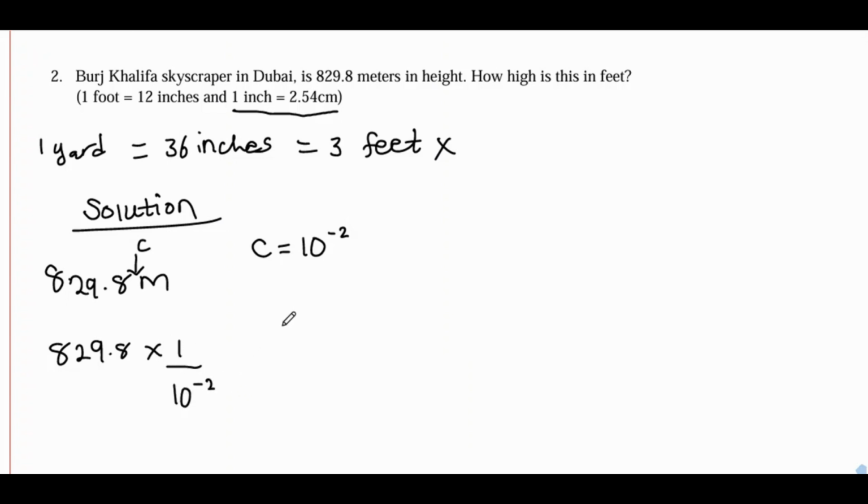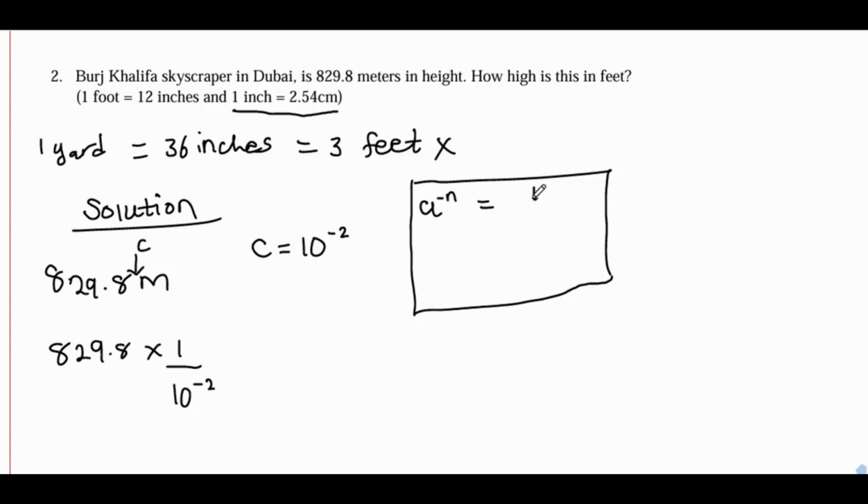We are dividing by 10 power negative 2, which means multiply by the reciprocal, which is 1 over 10 power negative 2. Now from the laws of indices, you remember we found this, I can write it here, that any number raised to a negative power is the same digits written as reciprocal, but now the power turns to be positive. Or even if the power was negative, then it's the same as a power n.